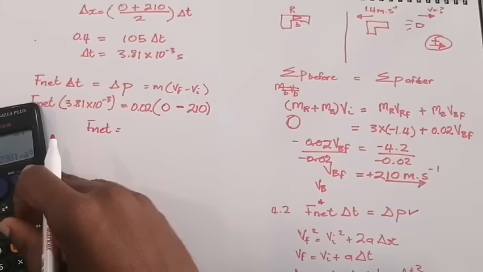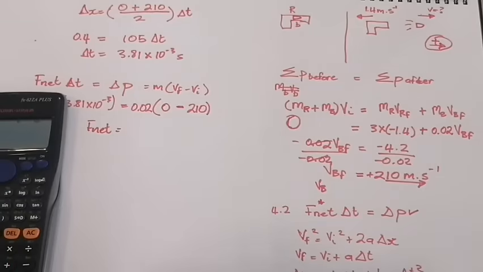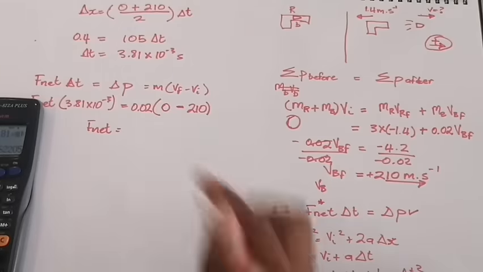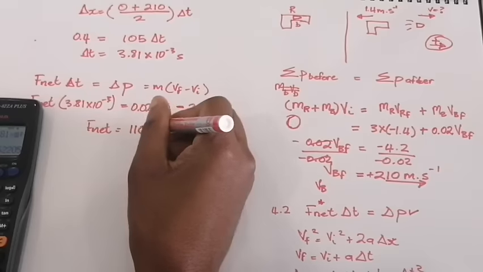So let's say 0.02 times 210, divided by 3.81 times 10 to the minus 3.